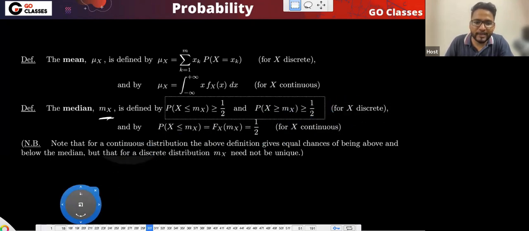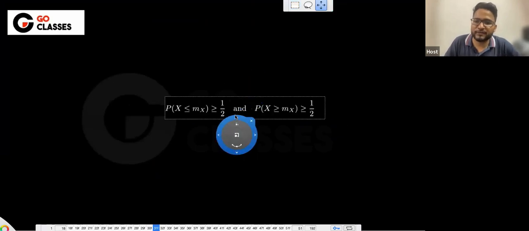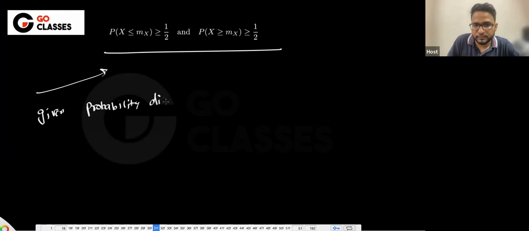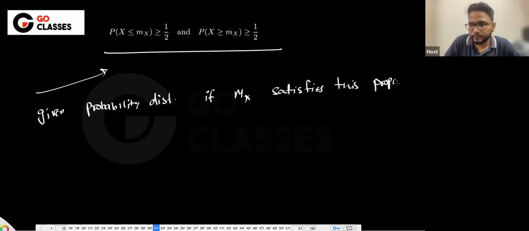Suppose mx is some value which satisfies this thing. Given the probability distribution, if mx satisfies this property, then we call it the median.